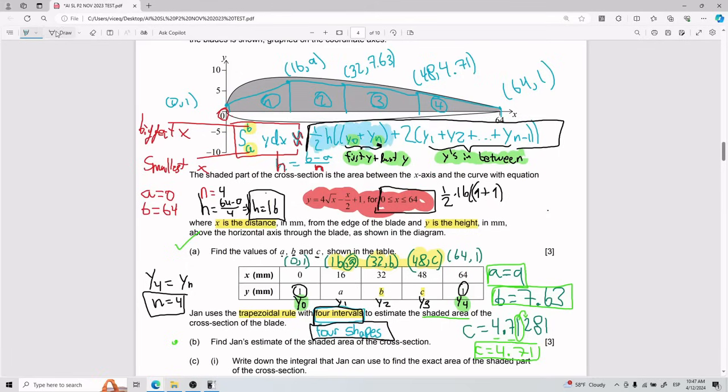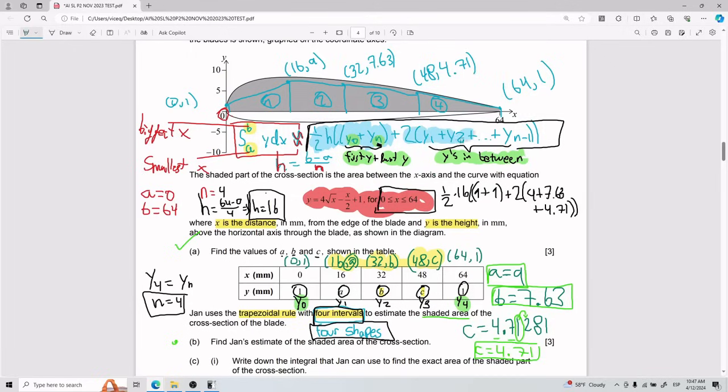Now I'm going to do the other part: plus 2 times all the y's in between. It's going to be a, b, and c. a is 9, plus b, which is 7.63, plus c, which is 4.71. Close parentheses. Now I plugged in everything else.